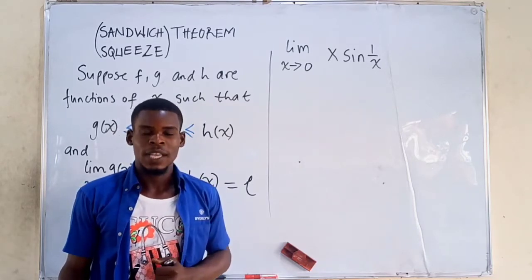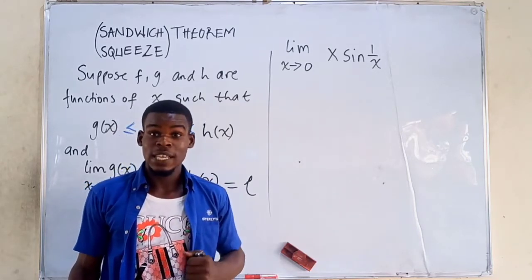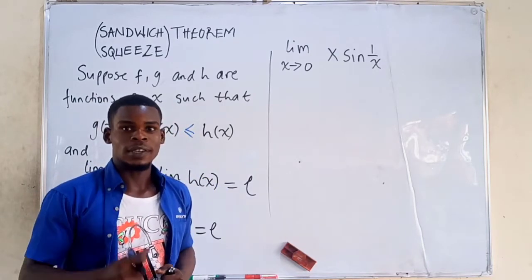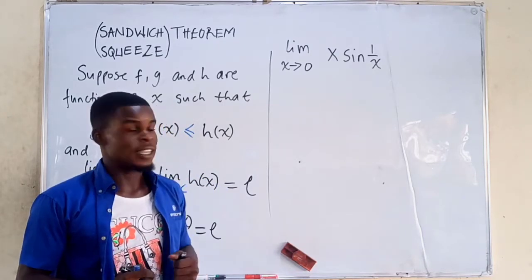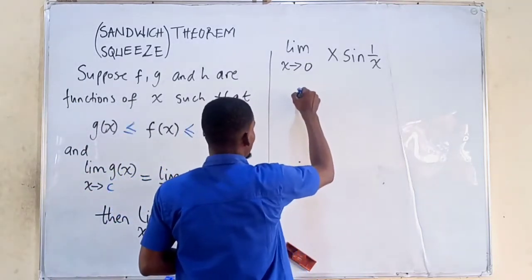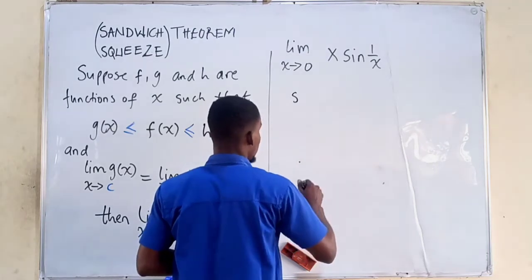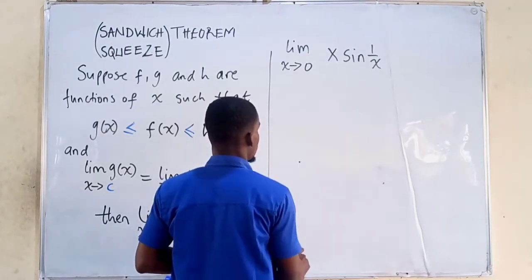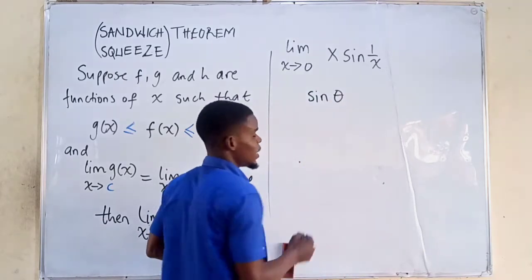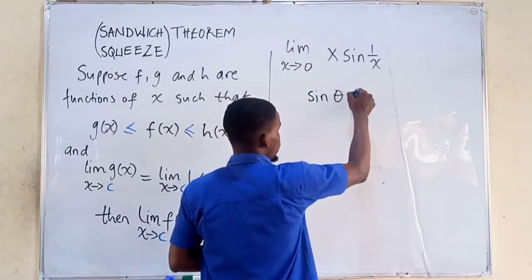Now, here's a fact that we know. The sine of an angle, the biggest it can be is 1, and the least it can be is negative 1. Let's call that angle theta. Sine of theta is less than or equal to 1.